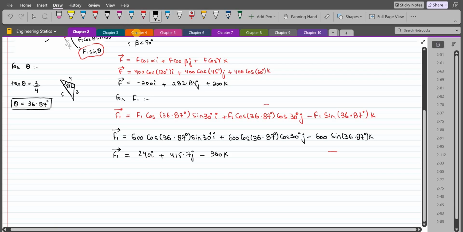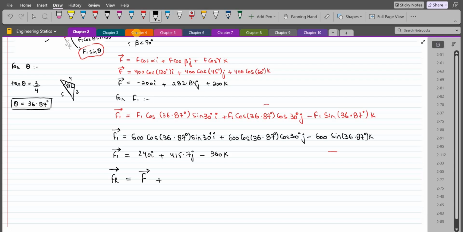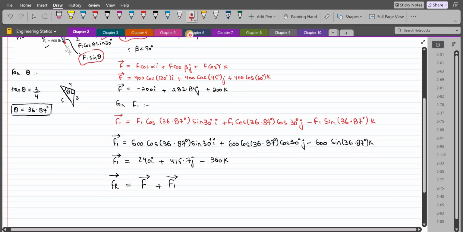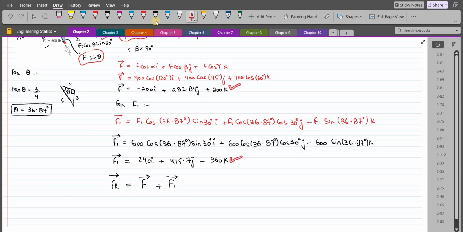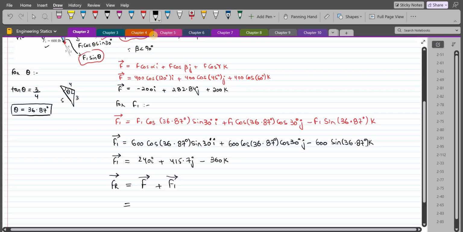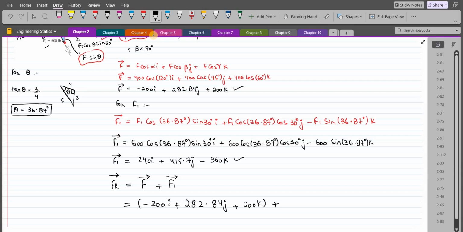Now we know that the resultant force is the vector sum of the force F and the force F1. If we add these two, we would have negative 200 i plus 282.84 j plus 200 k plus 240 i plus 415.7 j minus 360 k.